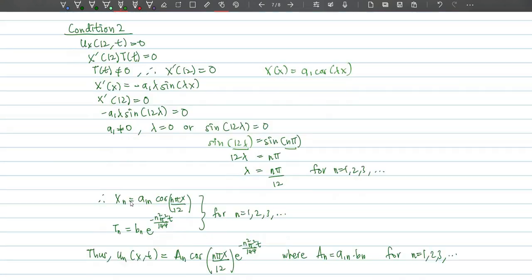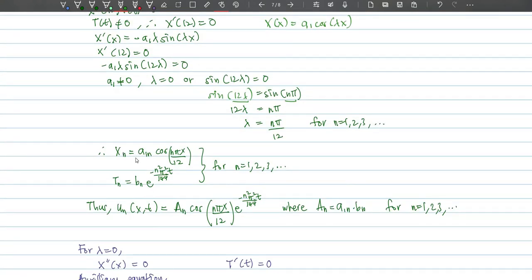Okay, and rewrite X_n, which means here it is A1n cos, substitute lambda, n pi over 12, so it will be n pi x over 12, and here T_n is equal to B_n, B_n exponent, negative lambda squared, which means n squared pi squared over 144 t, for n equal to 1, 2, 3 until infinity.